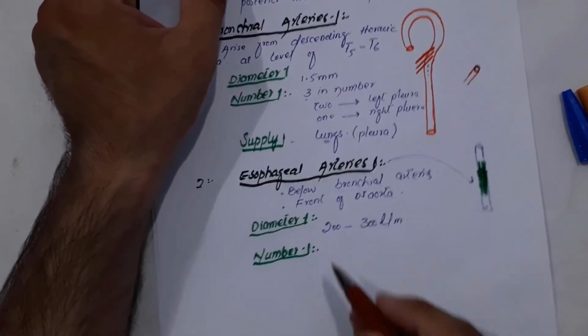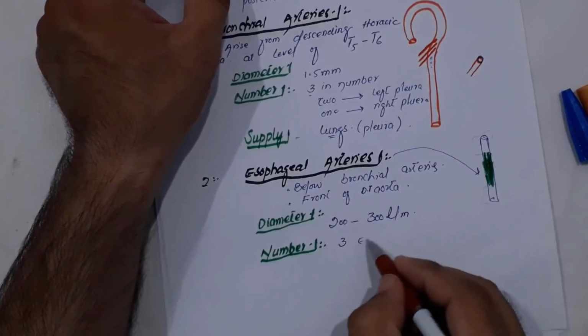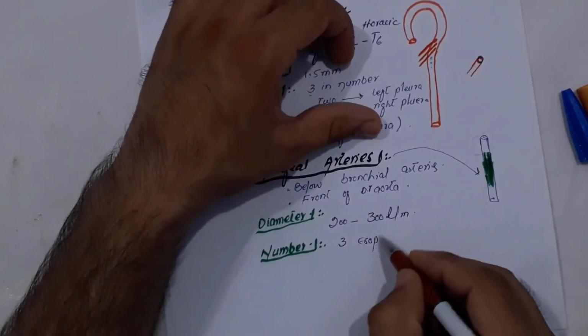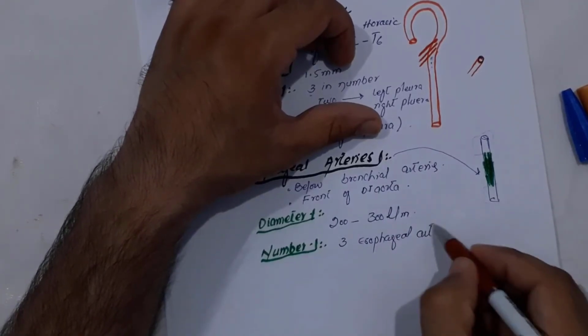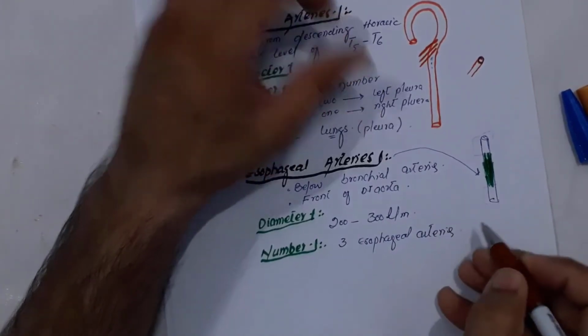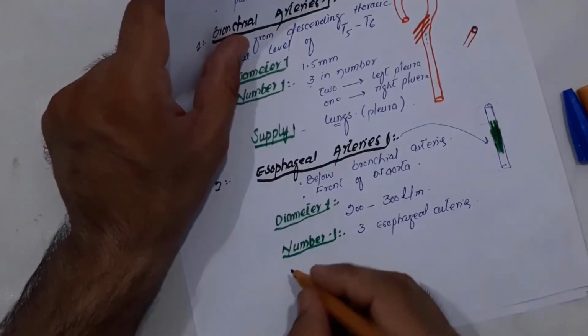How many esophageal arteries are there? There are 3 esophageal arteries which arise from descending thoracic aorta, right? Their number is 3. What do they supply?